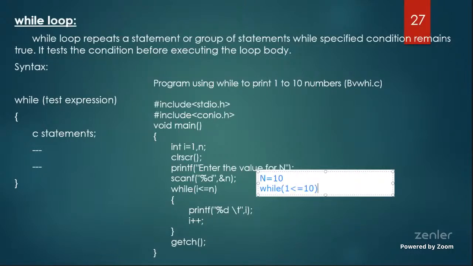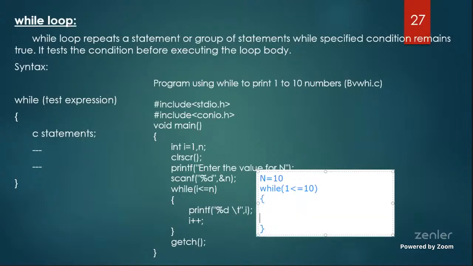Whether the condition is true? Yes. When the condition is true, you will be executing this block of statements. What is there in the block? Nothing but a printf statement. You are printing just the i value. What is the i value now? It is 1, right? So in the output, 1 will be printed.